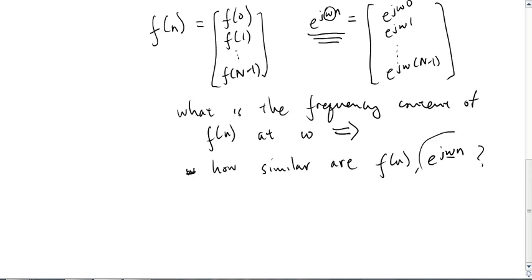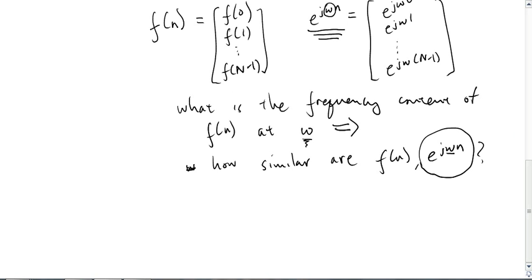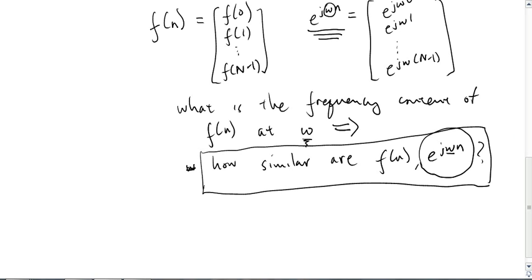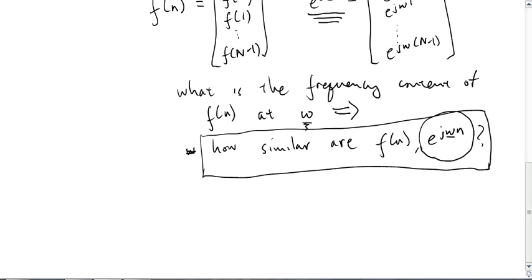Because this term is representing the frequency content at a given frequency omega. And when we put the question this way, it really calls for a dot product to be used to answer this question. So that's exactly what we'll do: take the dot product between these two functions.